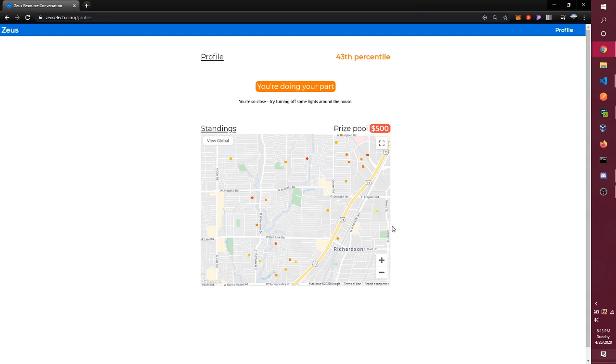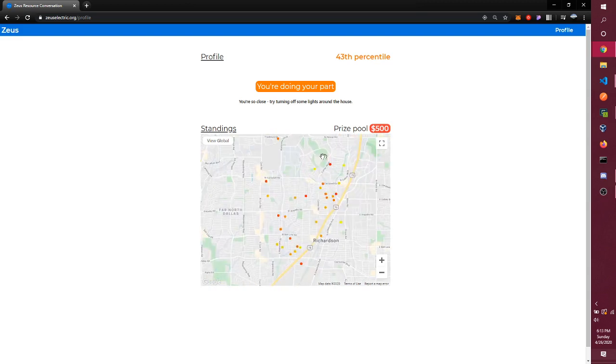But from an economic point of view, what this also does is contribute to your stake in the prize pool, in the sense that this prize pool is something offered by the utility provider to households to push them to consume less. Right? If you're in the lowest 20% of consumers, you make money off this prize pool.